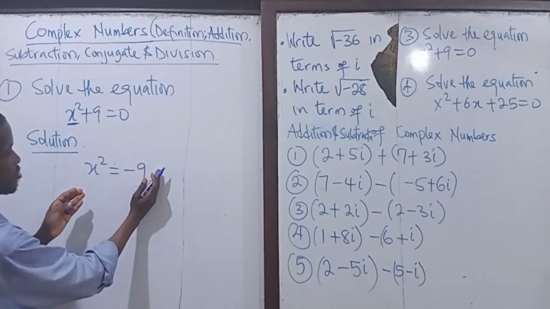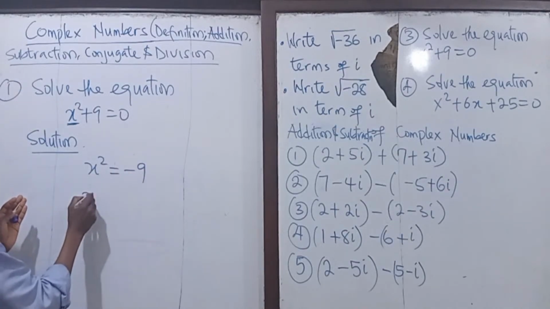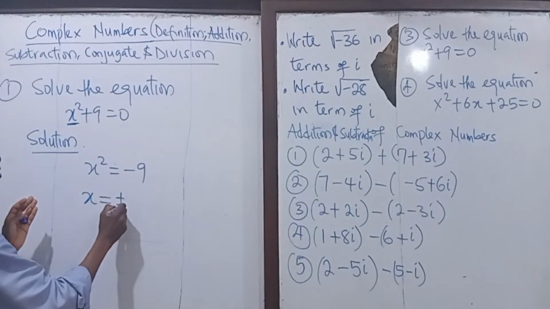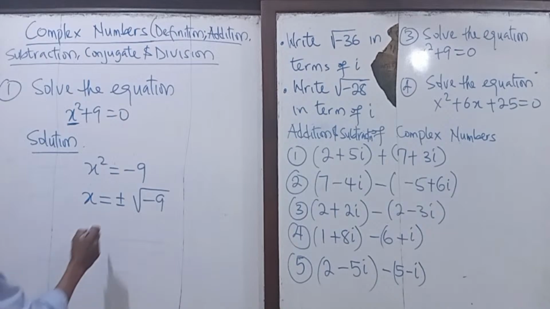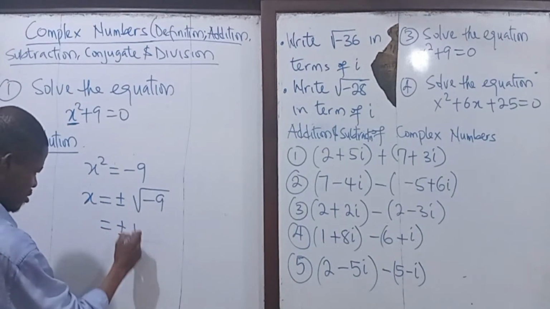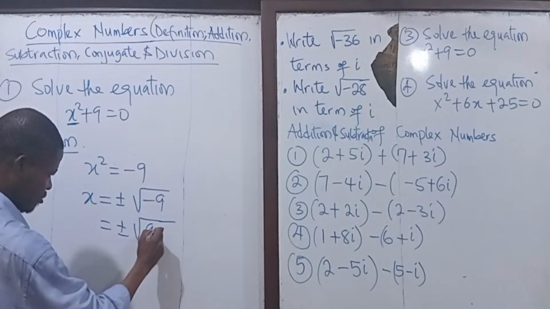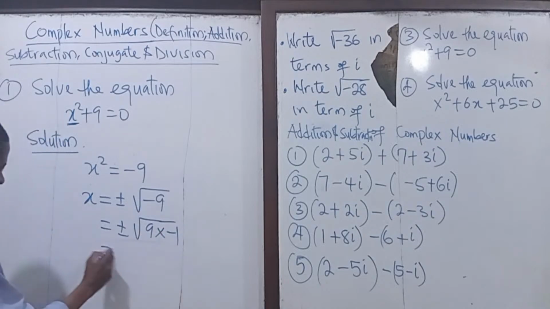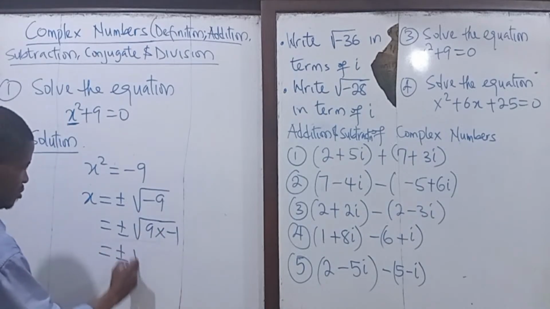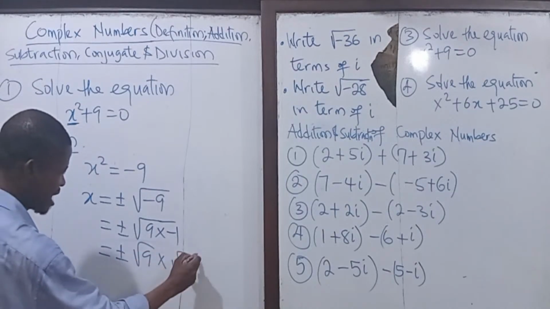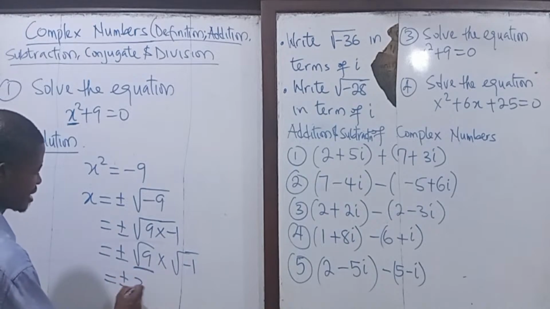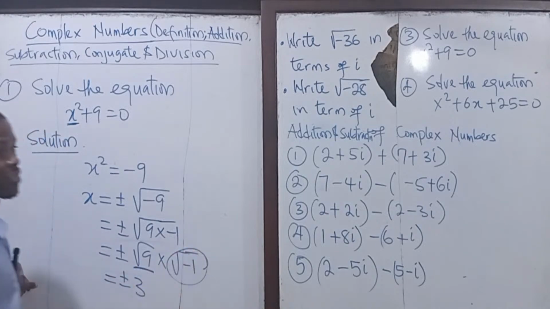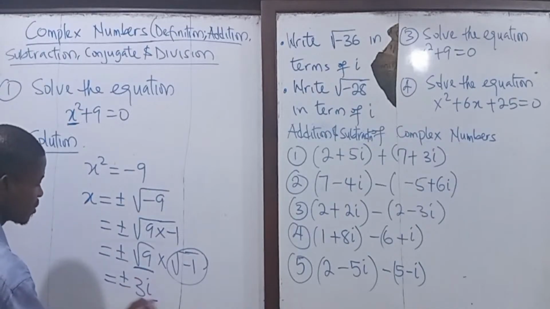Then take the square root of both sides: x is equal to plus or minus root -9, which is plus or minus root 9 times -1, which is plus or minus root 9 times root -1. The root of 9 is 3, and the root of -1 gives us a complex number, i. So that's that.